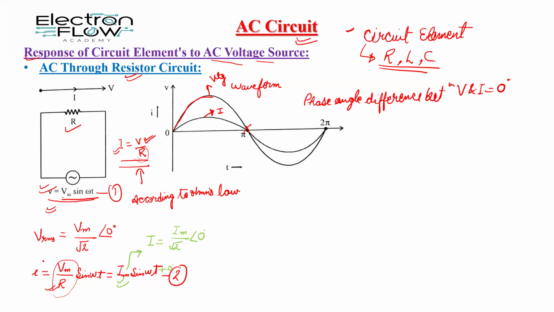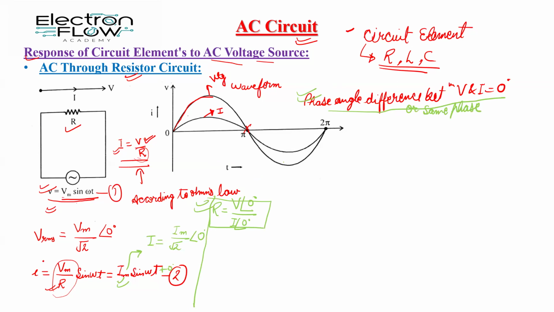Okay, so from the equation 1 and 2 it is clear that in the pure resistance voltage and current are in the same phase, or in other words we can say that the phase angle difference between the voltage and current is equal to 0. So what will be the value of the resistance here? We will get R is equals to voltage at an angle of 0 degree divided by current at an angle of 0 degree. So this will be the value of the resistance.